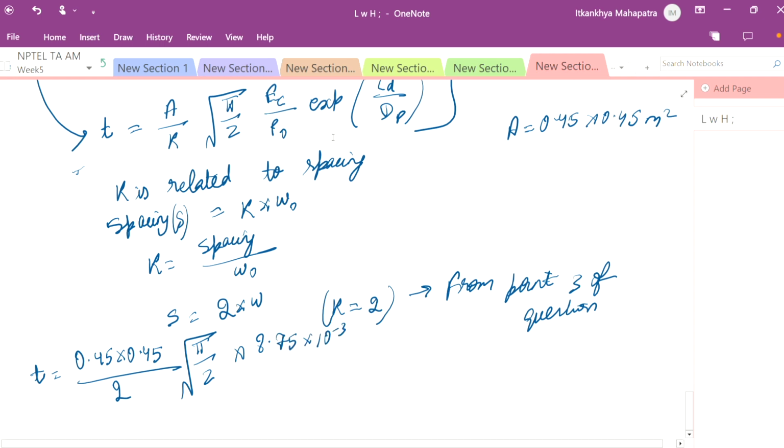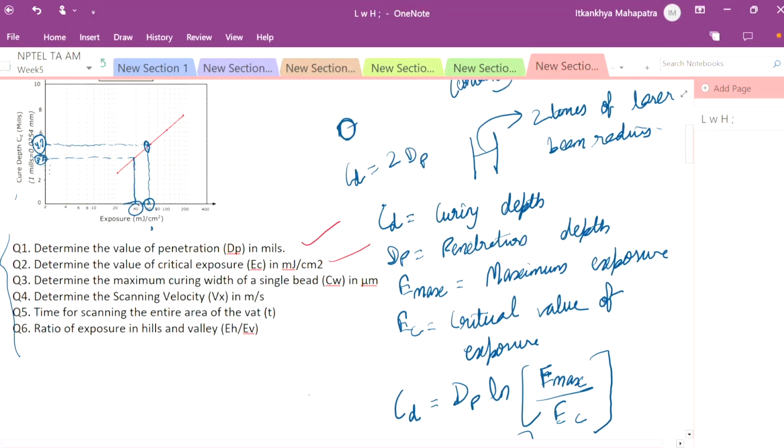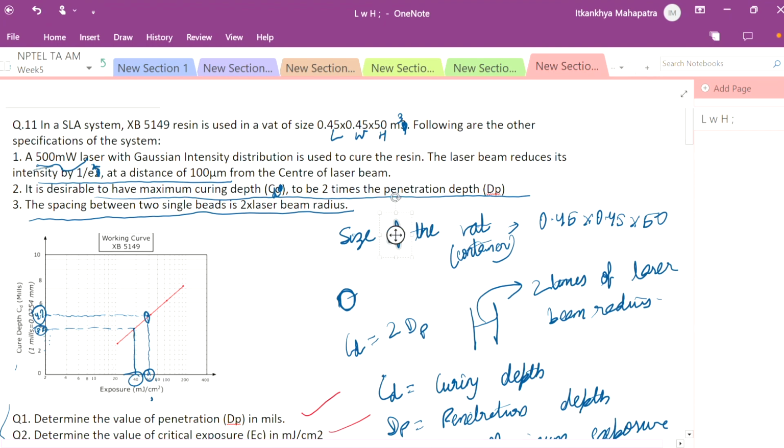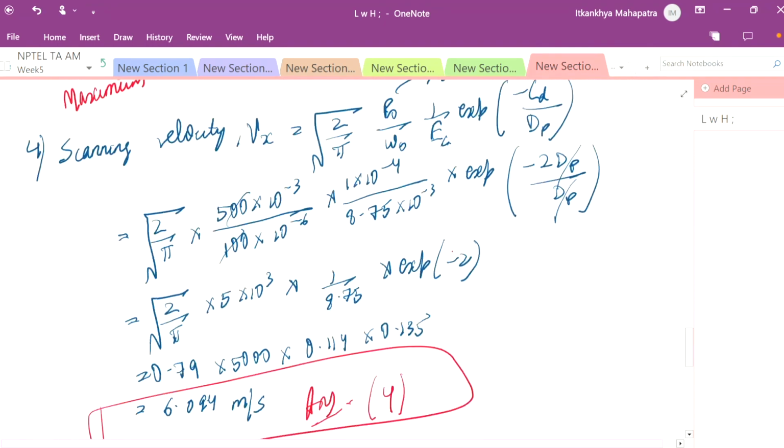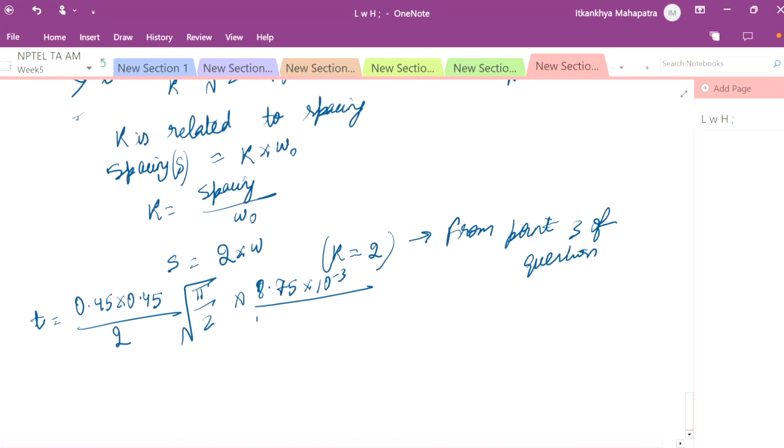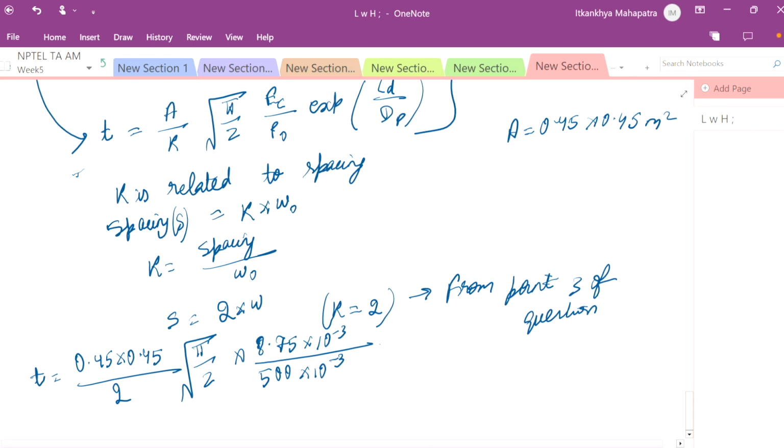Since it was millijoule, I have converted it into 10 to the power minus 3. Now P naught is given in the question as 500 milliwatt, so again we write 500 into 10 to the power minus 3, and exponential of 2 dp by dt, a relation we already used earlier.